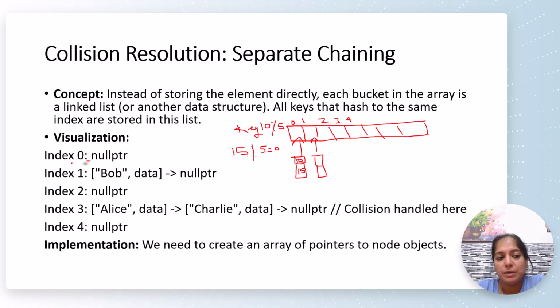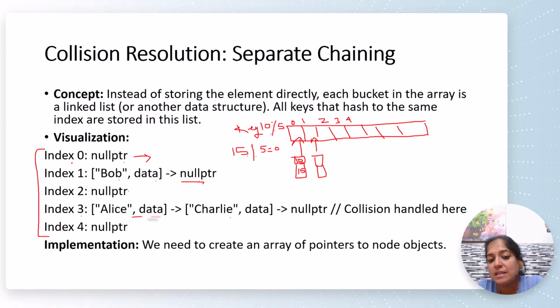So for example, we again have an array of size 5. At index 0, there is a null pointer because there is no element. At index 1, we have Bob, data, and then a null pointer, because the termination of a linked list is shown by a null pointer. At index 2, we don't have any value, so null pointer. At index 3, Alice, then Charlie, and then null pointer.